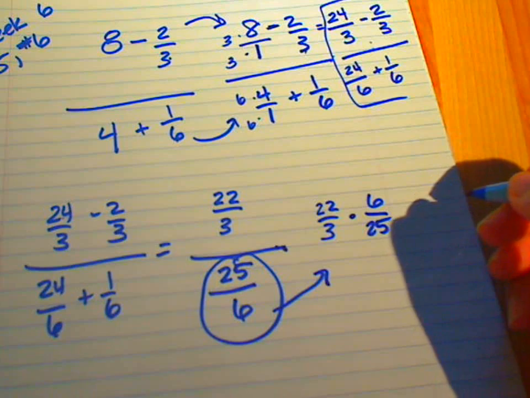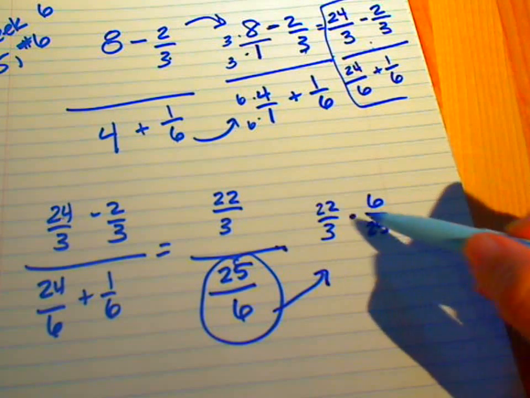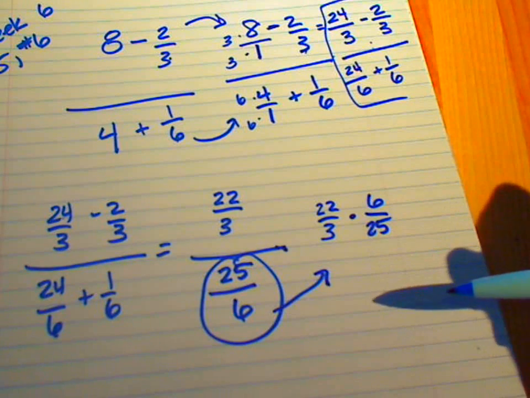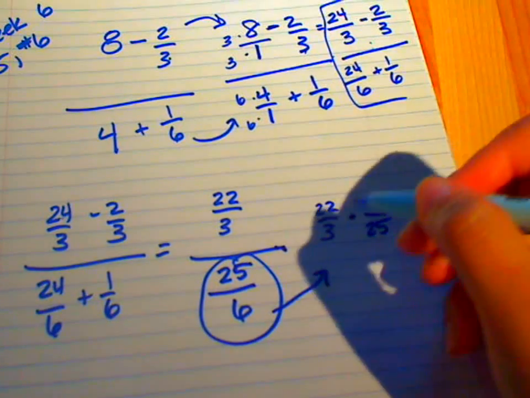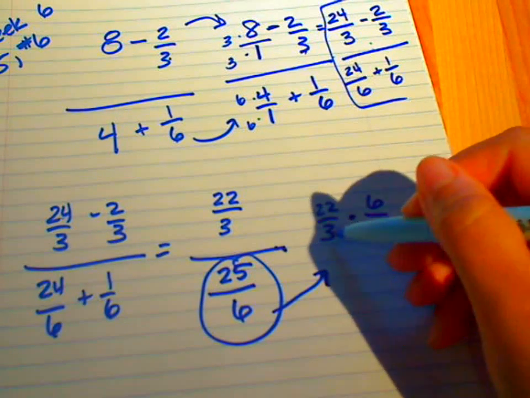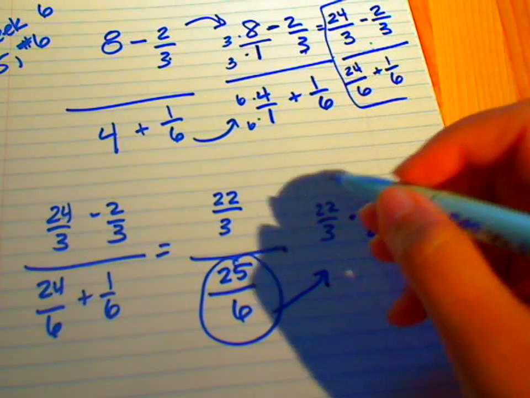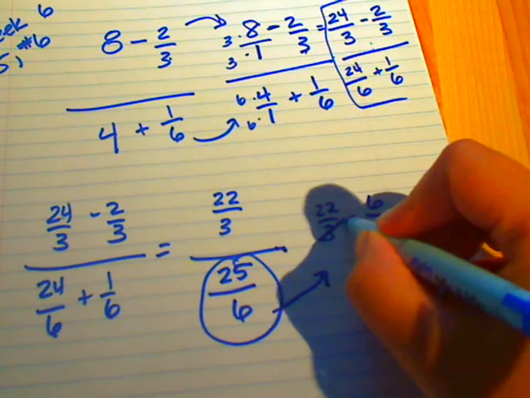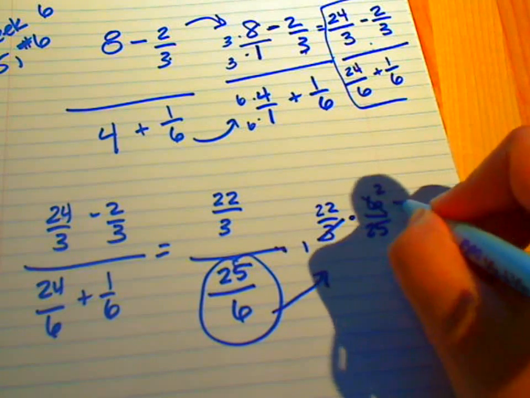So now I have some cross reducing to do. 22 and 25, top and bottom, they don't reduce each other. 2 goes into 22 but not 25. 5 goes into 25 but not 22. So I look at the 3 and the 6 and think about what's the biggest number that goes into 3 and 6. 1 does, yes, but we want bigger. 3 goes into both of those, so I'm going to reduce them. 3 goes into 3 once, 3 goes into 6 twice.